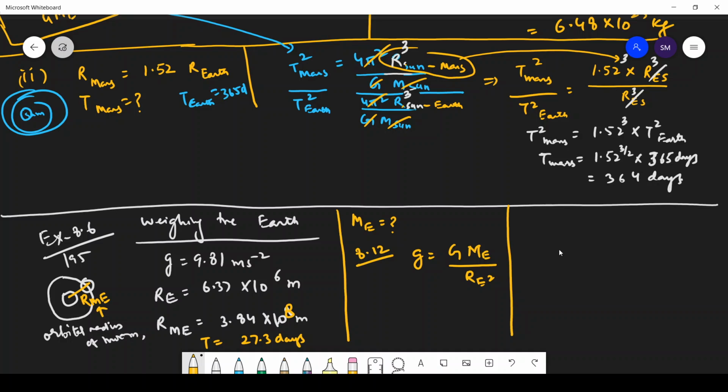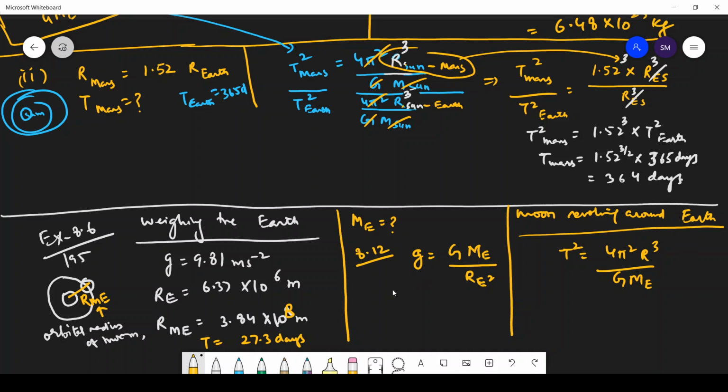This g, and the second one is T square equal to 4 pi square R cube divided by G M_E. So the Moon is revolving around Earth, that's the situation. This is the radius of the Moon's orbit, and this is the mass of Earth. The mass of the Moon, the mass of the satellite, is nowhere; that gets cancelled out when we derive these relations.